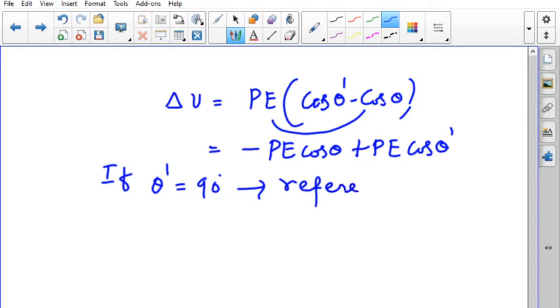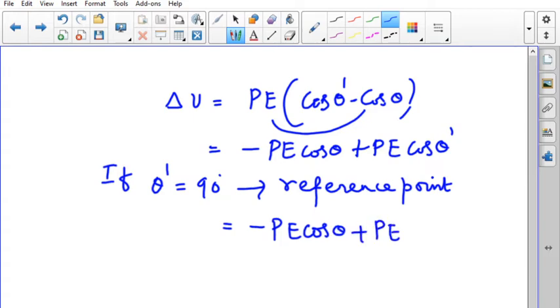When you substitute the value of theta dash, we get minus PE cos theta plus PE cos 90, and you know very well that this value is going to be 0.